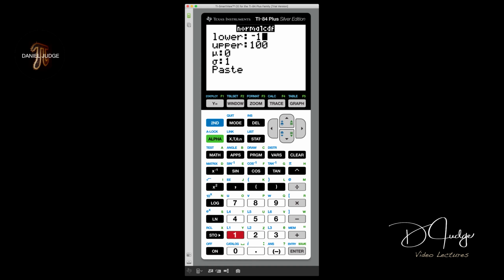I'm going to use something like negative 100 as the lower bound value. The upper bound is still negative 3.05. So you're going to enter that. Standard normal, mean is 0, standard deviation is 1.